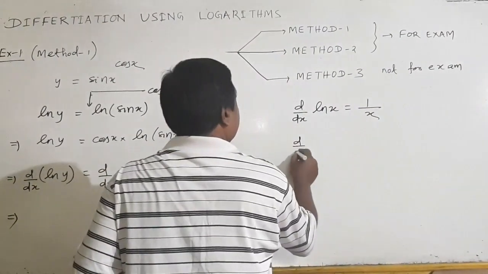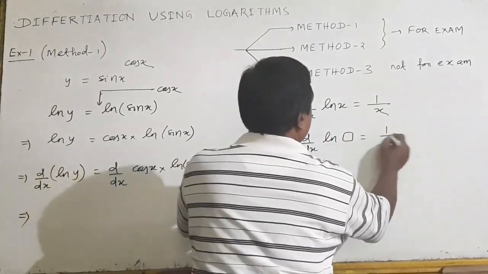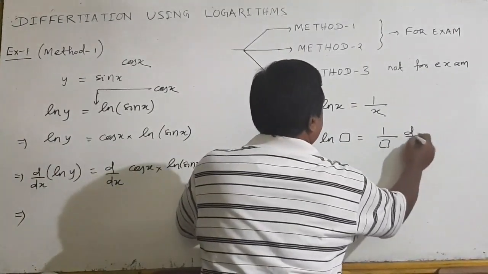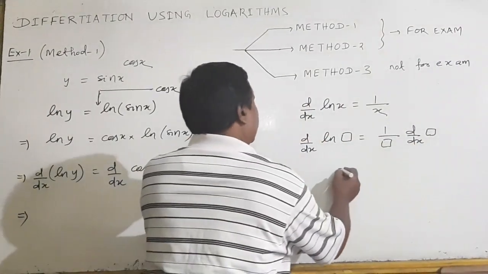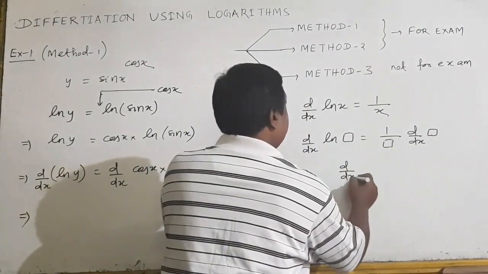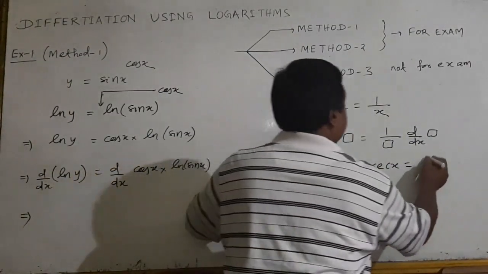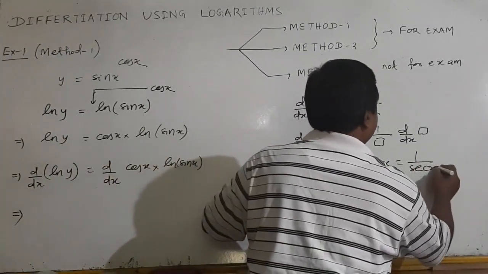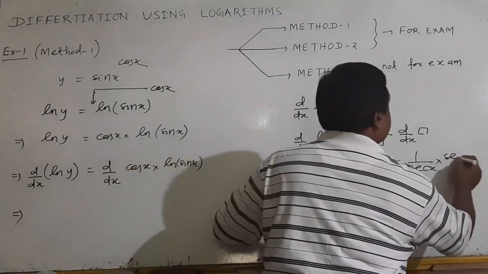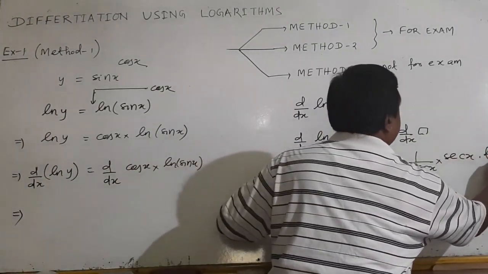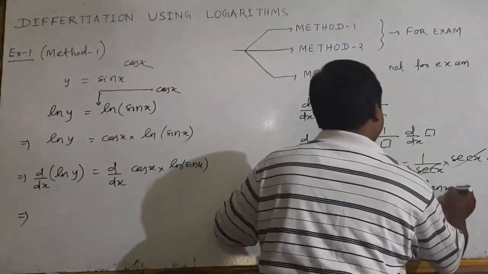Then I told you d by dx of ln box is 1 by box into d by dx of that box. Suppose d by dx of ln sec x is 1 by sec x into the derivative of sec x. The derivative of sec x is sec x into tan x, it cancels, and the answer becomes tan x.